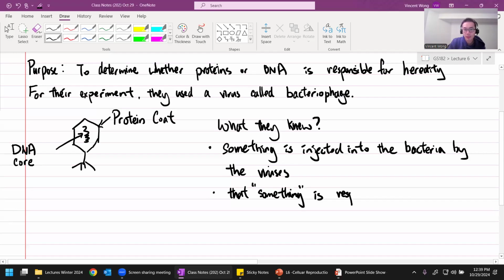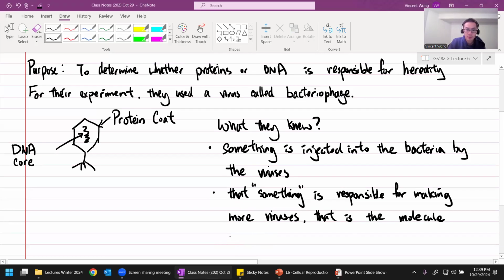That something is responsible for making more viruses. That is the molecule responsible for heredity.